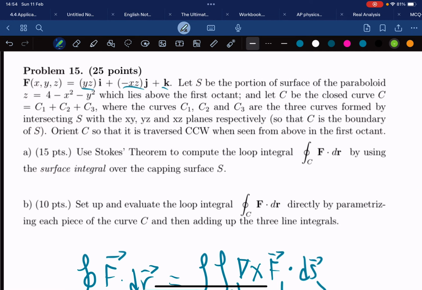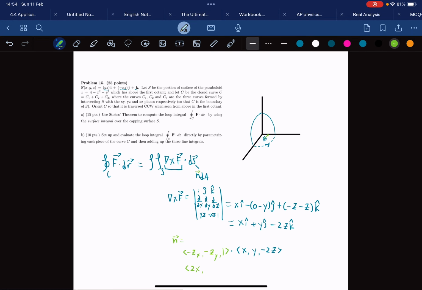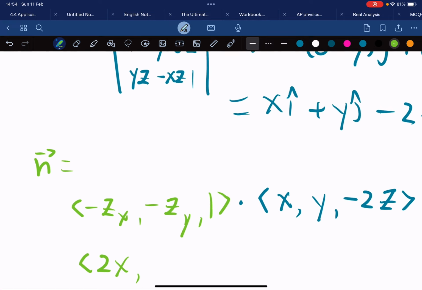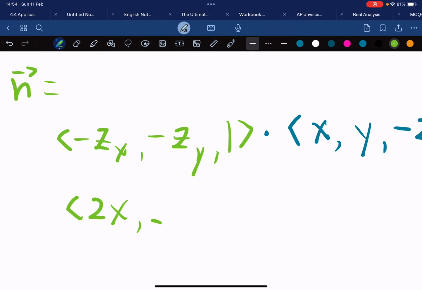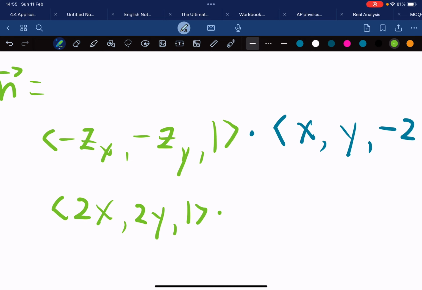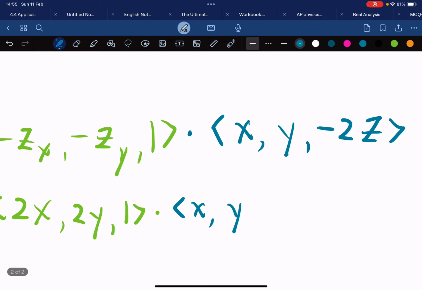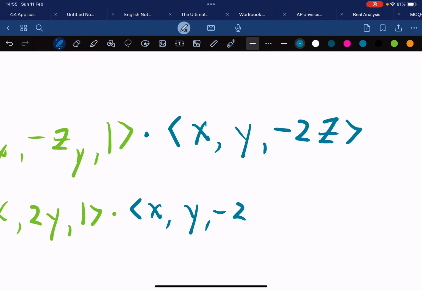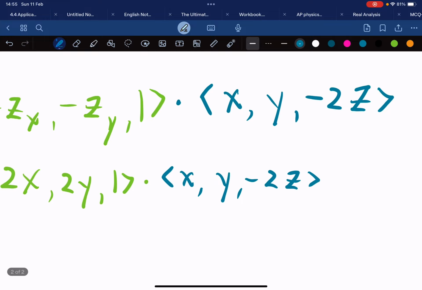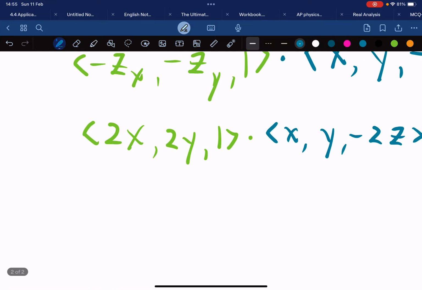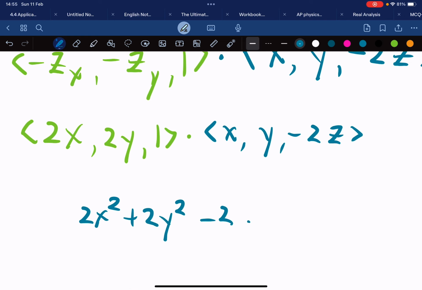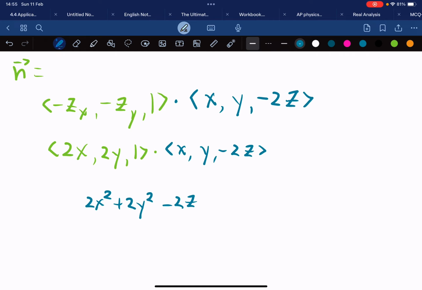Same thing with y, it's going to be 2y. And the last one is just 1. And we dot this with x, y, negative 2z. And this equals 2x squared plus 2y squared minus 2z.